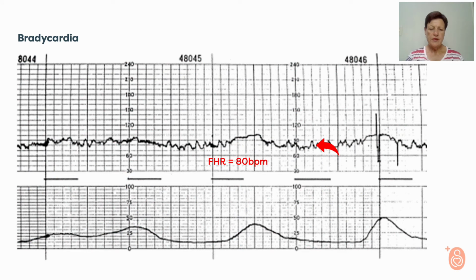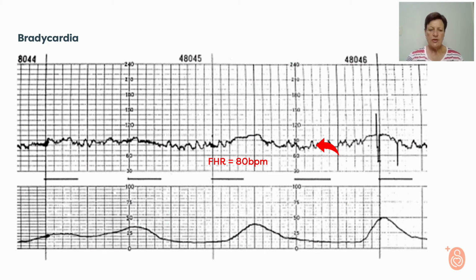Here's an example of bradycardia. Here you can see the fetal heart is around 60 beats per minute, 70, 80, 90 beats per minute. So this average fetal heart rate here is about 80 beats per minute.